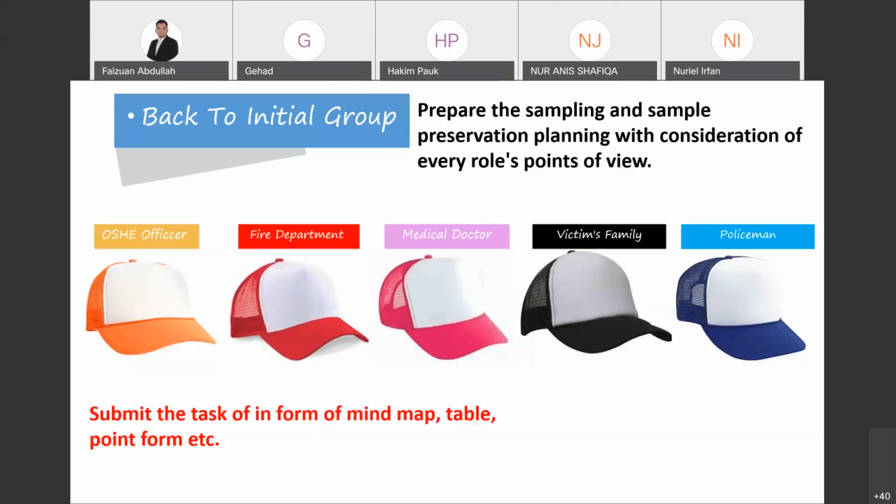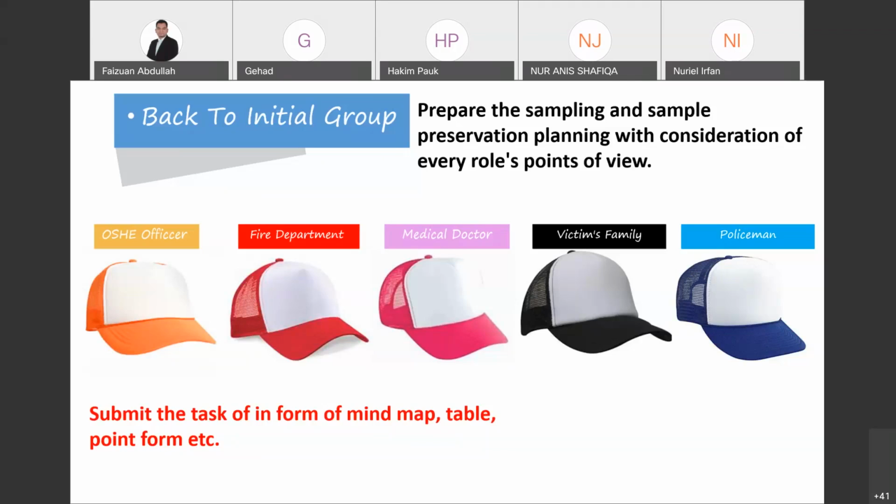It is open for the type of your documentation, either in mind maps, tables, written planning and so on. You use anything that you consider suitable as a sampling and sample preservation planning. You should submit it in the e-learning.